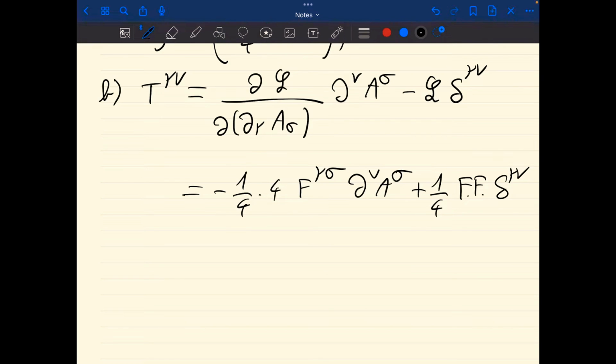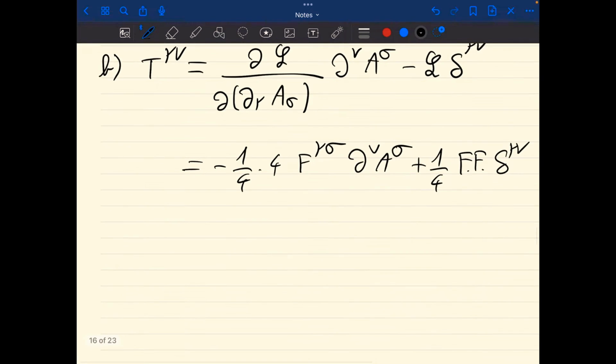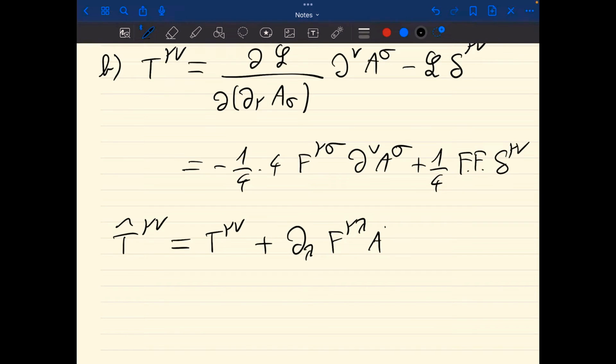So the term that I suggest we add is the following. I will call it T hat. So that's just T mu nu plus, and we add this term which is a full derivative, with lambda, K lambda mu nu, where K lambda mu nu is actually F mu lambda A nu.